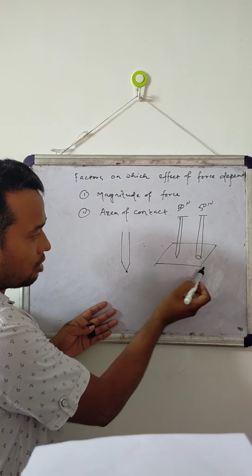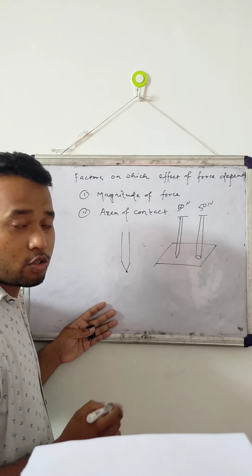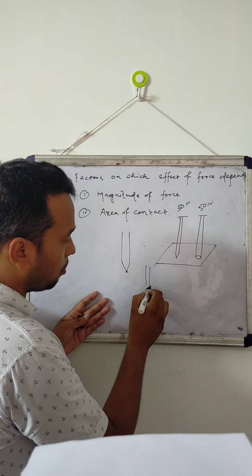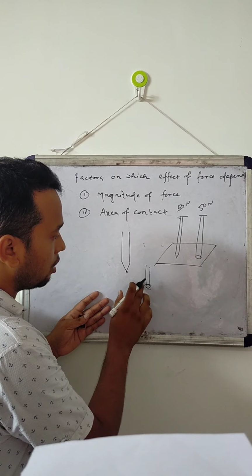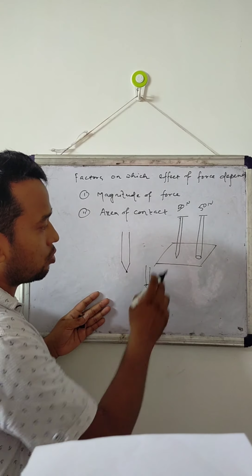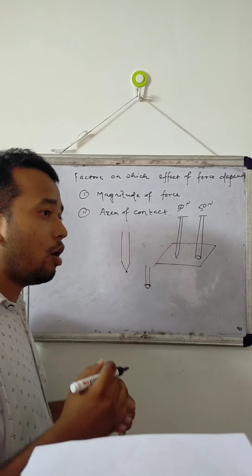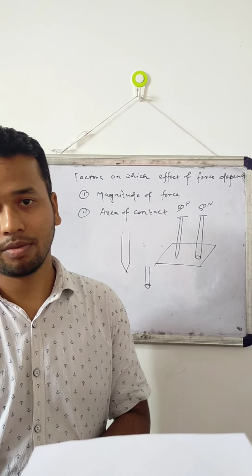The area of contact with this surface is only this pointed end, so this is very small. Again, when we consider a blunt iron nail, its area of contact is more in comparison to the sharp iron nail. ठीक है. So if area of contact is more, the effect of force will decrease.